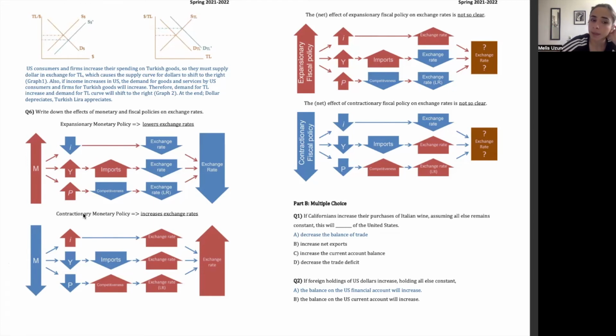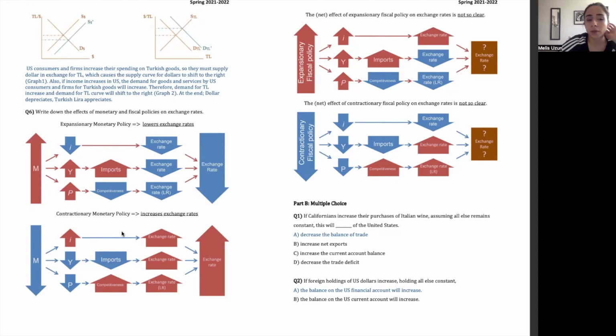And if the central bank implements a contractionary monetary policy, because the interest rate will increase, the income will decline because consumption and investment will decrease. That's why now we have a lower income. We will tend to import less. That's why our exchange rate will increase.